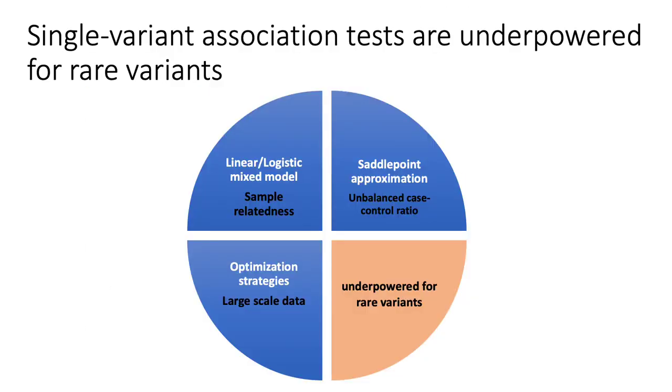As more and more sequencing data are being generated, more rare variants are being detected. However, single variant association tests by GWAS are usually underpowered for rare variants, and set-based tests can be used to increase the power, in which rare variants are grouped and tested together based on some functional units such as genes and regulatory regions.